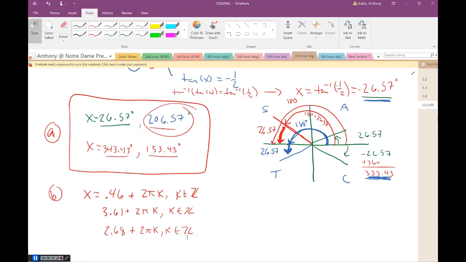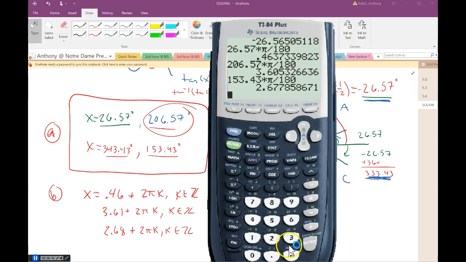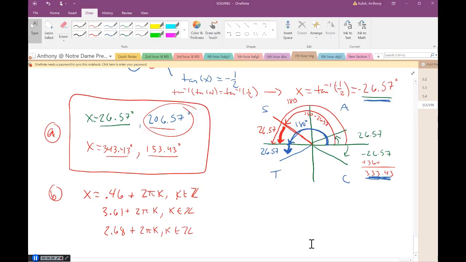And then our last one, 153.43, so that's 2.68 plus 2 pi k.